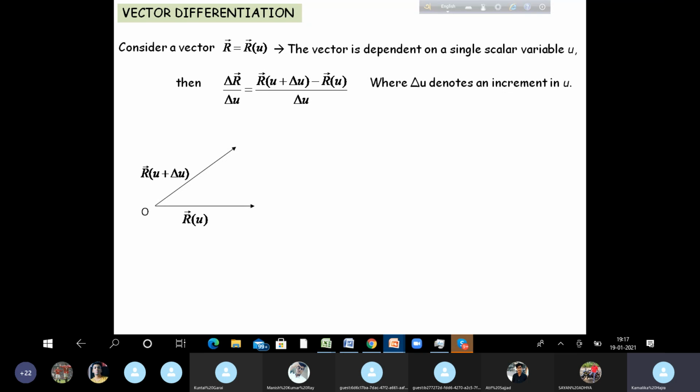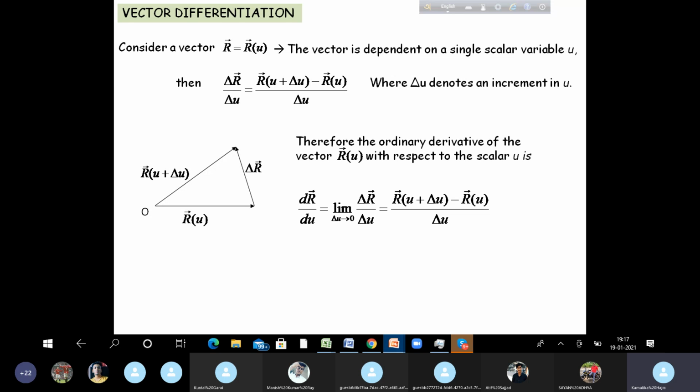So this is the vector delta R, which you can get according to the triangle law of vector addition. R(u plus delta u) minus R(u) gives you the change in the vector R.